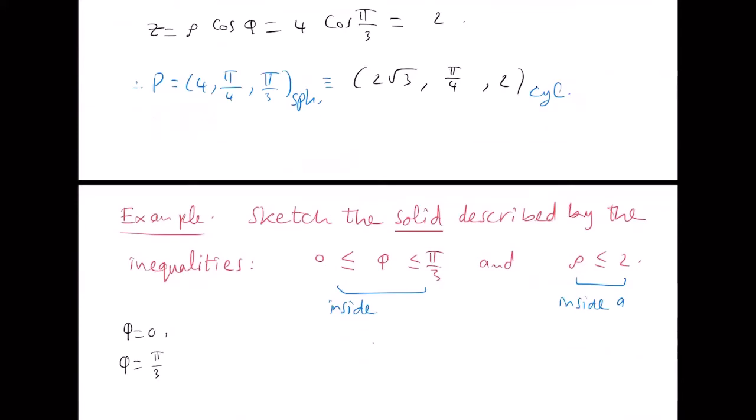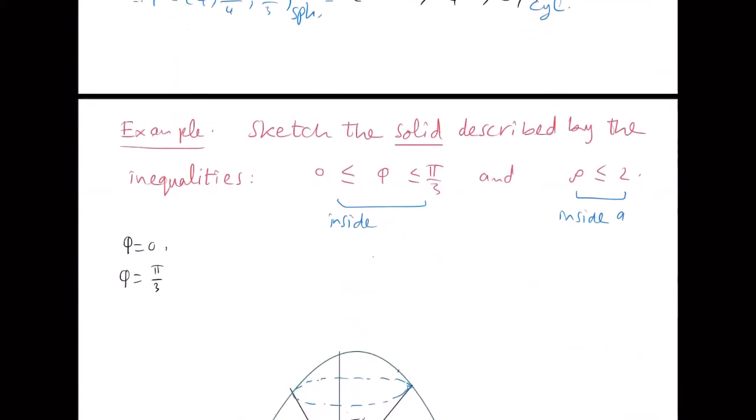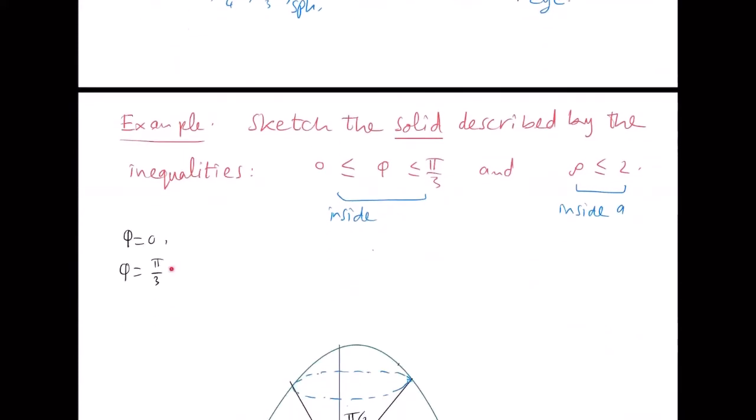Phi equals 0. Phi is constant. Phi is 0 is the z-axis. Phi is pi over 3 is, yes, phi is constant here. Phi is pi over 3 gives you what? The upper cone. Yes, half cone this way. This is the z-axis.